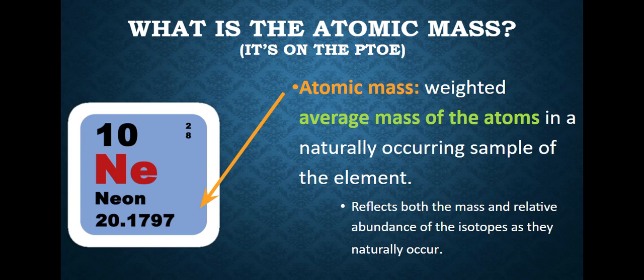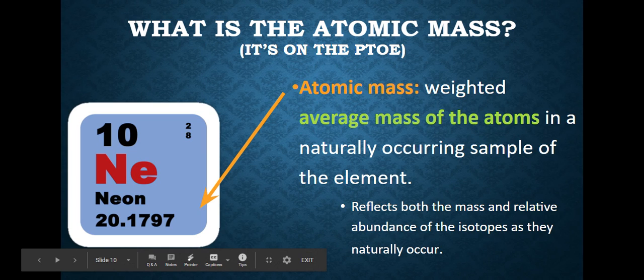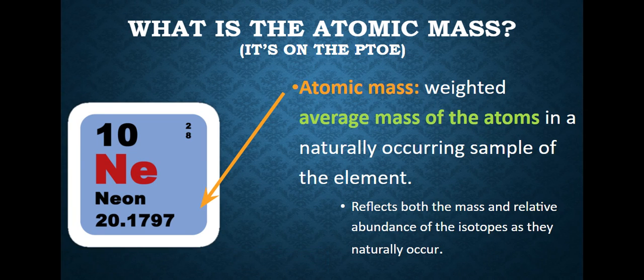The atomic mass on the periodic table, this number at the bottom of the cube, the home of the element on the table, is reflective of both the mass and the relative abundance of all isotopes of a given element as they occur naturally.